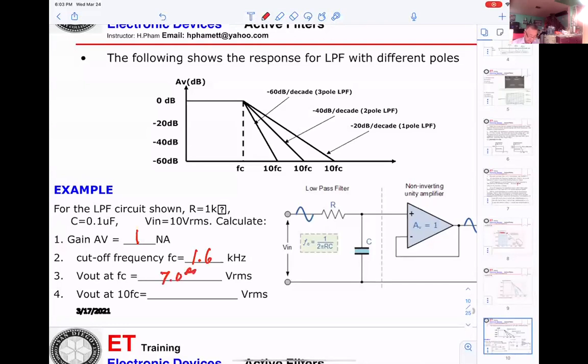That means at the cutoff, the output goes down 3 dB, equivalent to 0.707. You take 0.707 times 10 volts. That's why you get 7.07 volts.